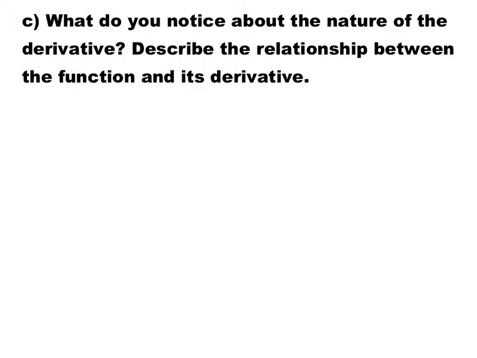The next part of the question says, what do you notice about the nature of the derivative and describe the relationship between the function and its derivative? Remember that the function f of x was x squared, which is a function.